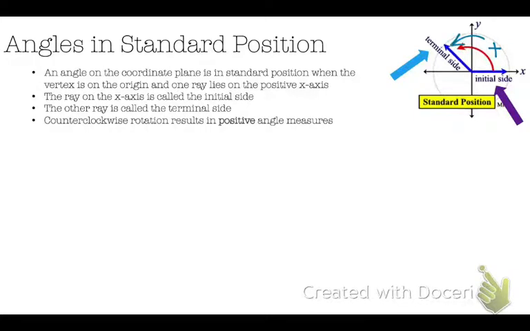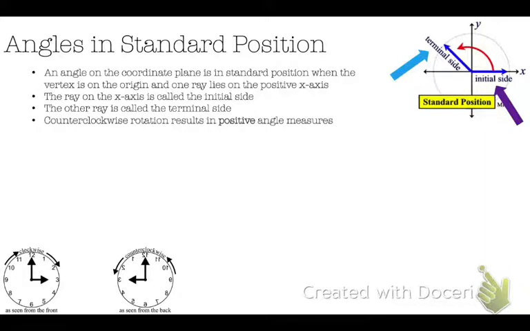But counterclockwise is a positive angle measure, which means that clockwise is a negative angle measure. And one full revolution is 360 degrees. So if you were to go around this entire thing, it'd be 360 degrees.